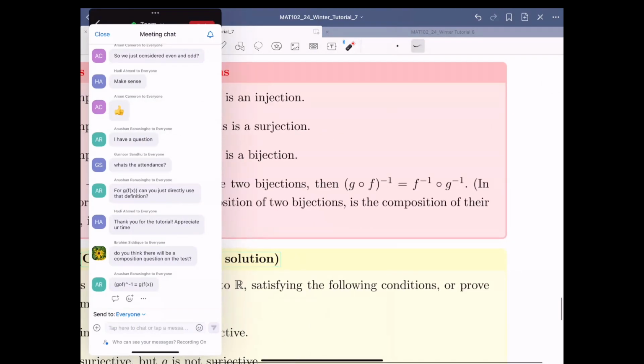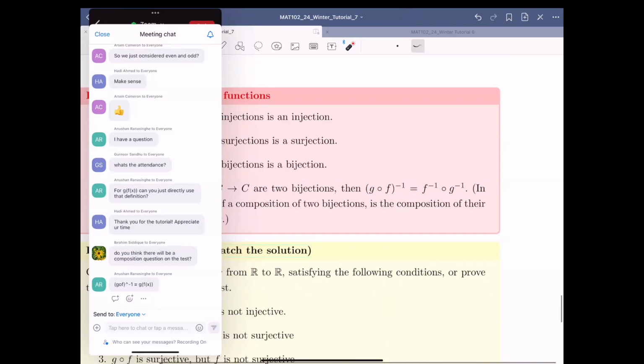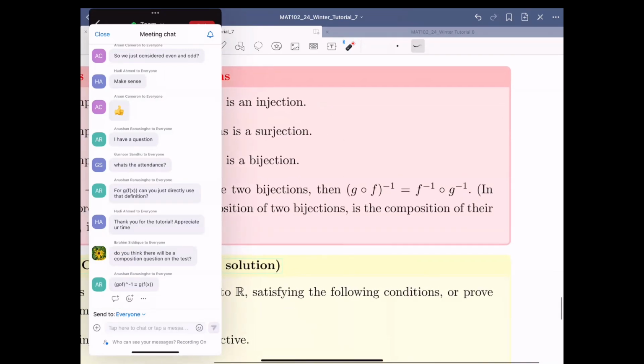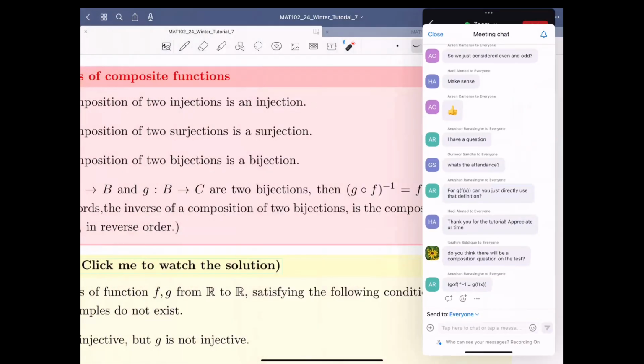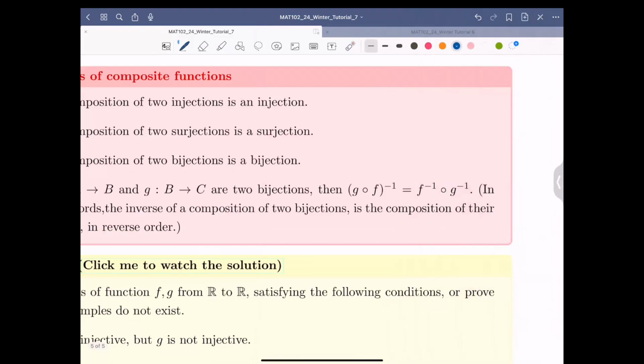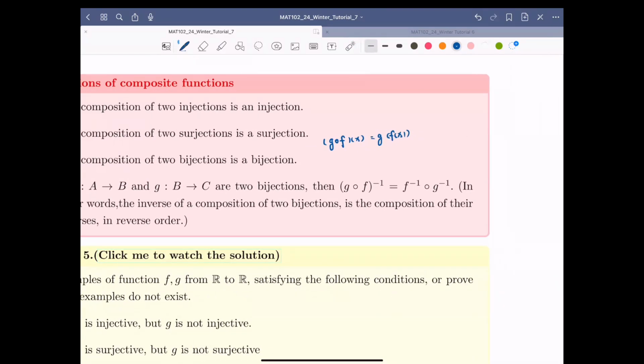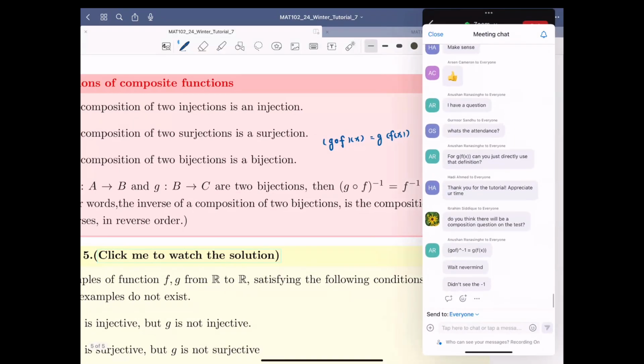What are you talking about? Thus does not equal. That's not what you are talking about. I hope this is not what you're saying. The definition of thus is g of f of x. Okay. If you're talking about the inverse, yes, you can use the inverse directly. I mean, you can use this definition directly, but they don't equal each other.